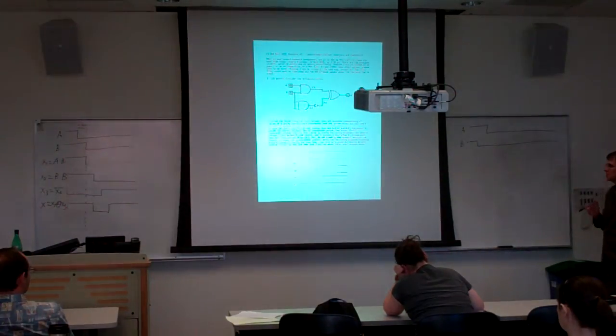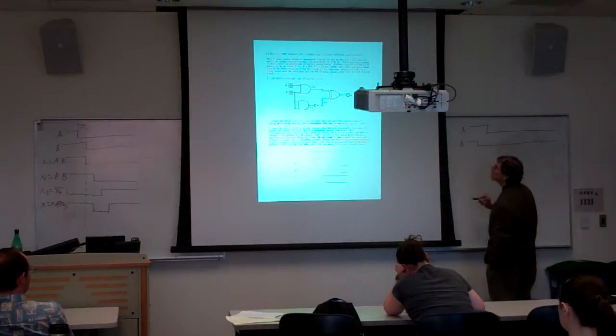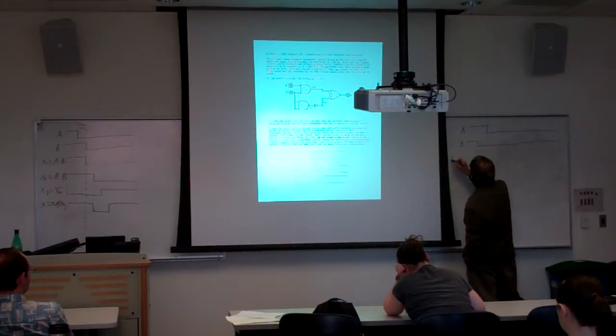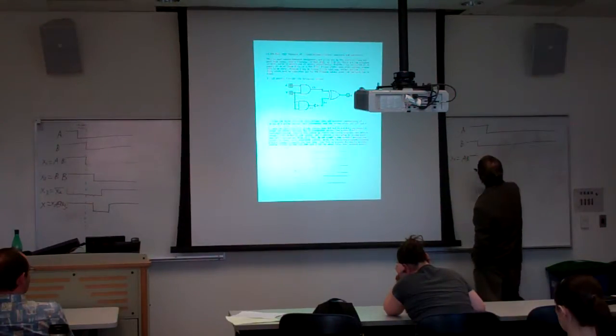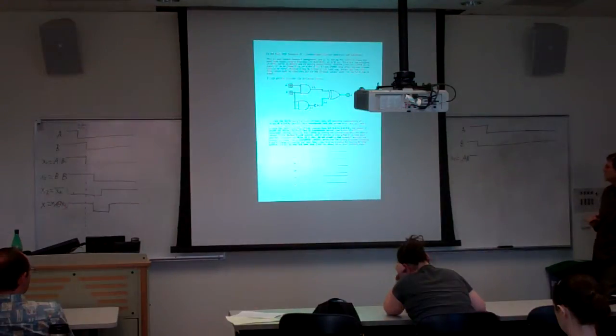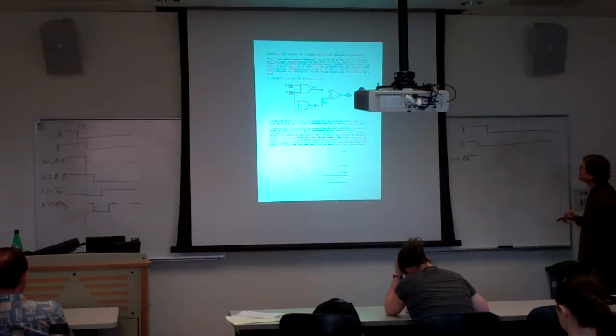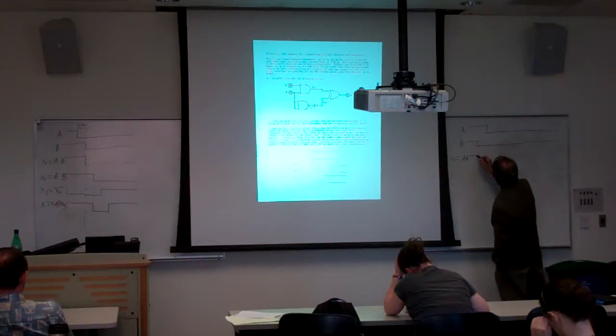Okay, if A changes after B, again 1 nanosecond, then when does x1 drop from 1 to 0? A nanosecond after B, which happens to be when A drops.